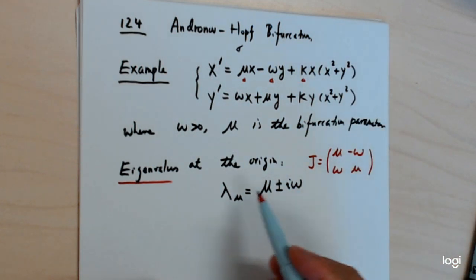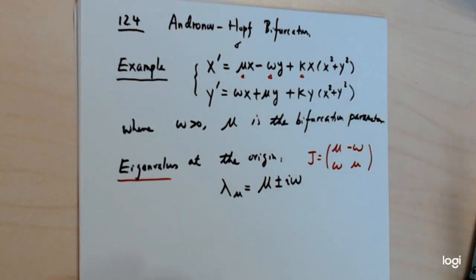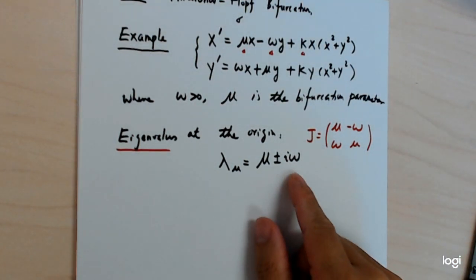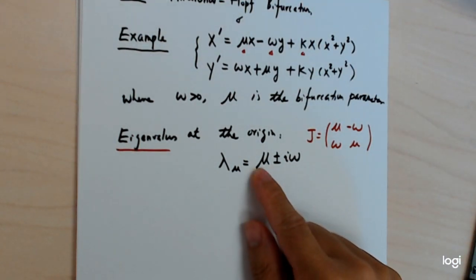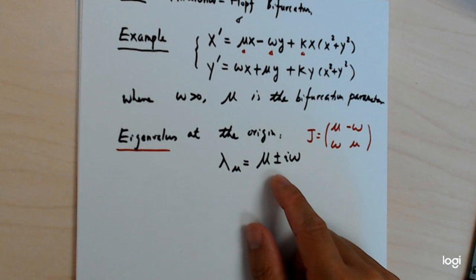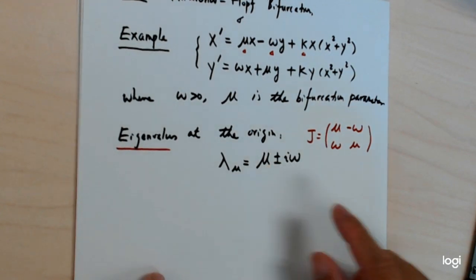You can calculate the eigenvalues, but that's what it is. So the eigenvalues at the origin are complex numbers, with a real part and an imaginary part. So the origin will be some kind of a spiral. It can be a spiral source or spiral sink, depending on the sign of mu.